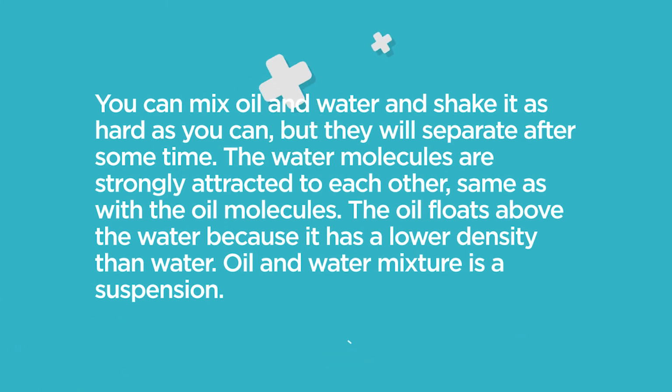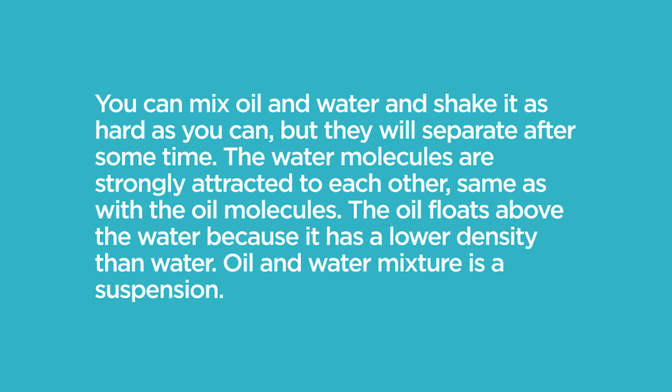You can mix oil and water and shake it as hard as you can, but they will separate after some time. The water molecules are strongly attracted to each other, same as with the oil molecules. The oil floats above the water because it has a lower density than water.